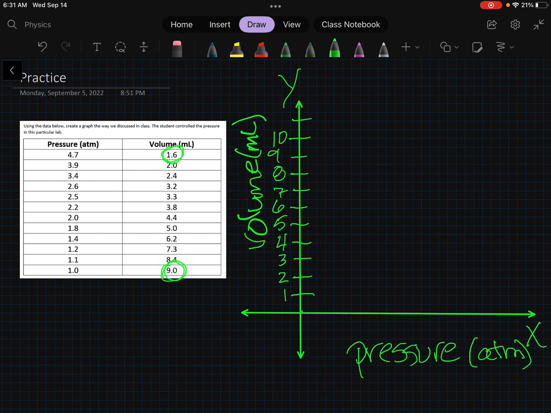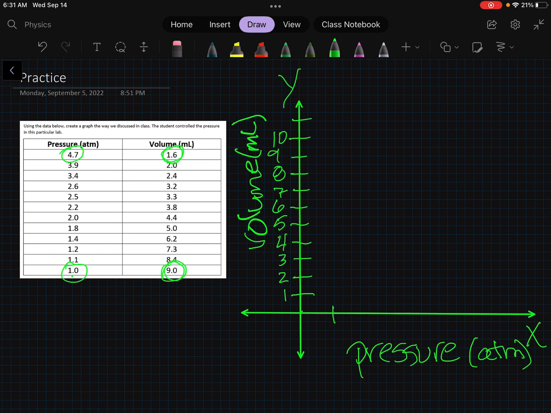Okay, and then pressure, the lowest is 1 and the highest is 4.7. So I'm going to do by ones, or we could even space those out a little bit more if we wanted to.